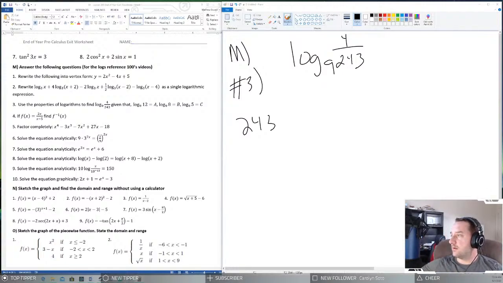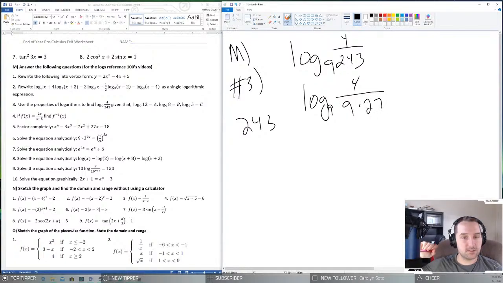So I can break this up. I get log base 9 of 4 over, and then I'm going to get 9 times 27, because 243 divided by 9 is 27. Now, because it says log base 9 of 12, log base 9 of 8, log base 9 of 5, I want to try and break them into those.